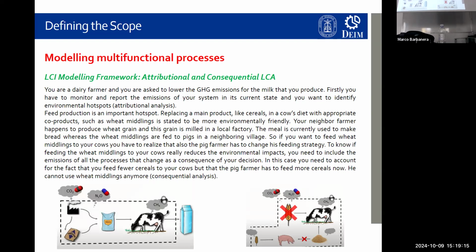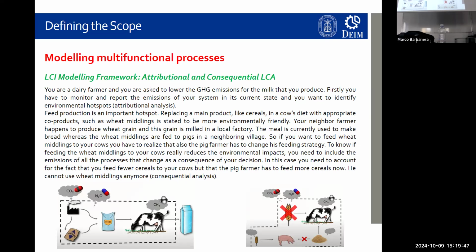And so if you want to consider your product not separated from the rest of the economy, if you want to calculate your environmental impact, you also have to consider the environmental impacts due to the differences, to the changes caused by your decisions. This is the consequential approach.